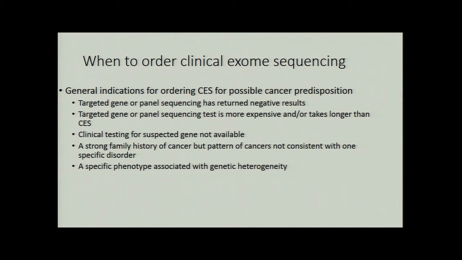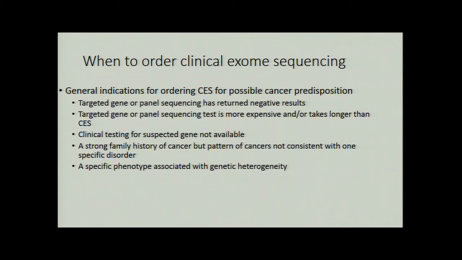So these are the general indications that we use to decide whether or not to order clinical exome sequencing for possible cancer susceptibility. This is only one of the many tests that we utilize in the clinic, such as microarray and methylation testing, which Dr. Martinez will expand on later. We order clinical exome sequencing when the targeted gene or panel testing has returned negative results.